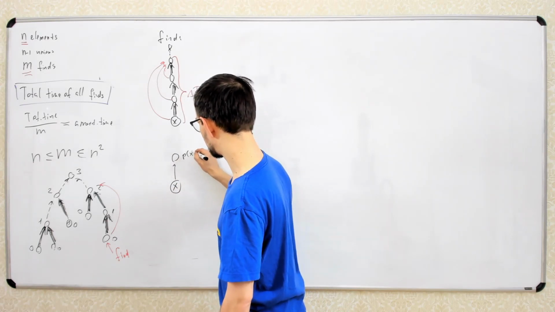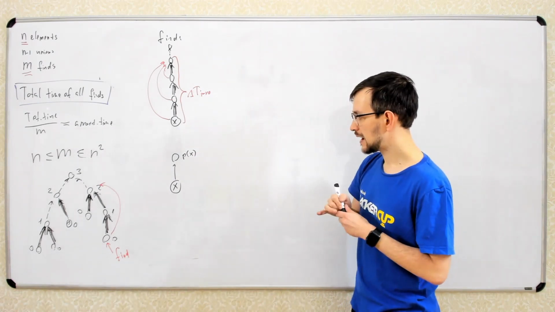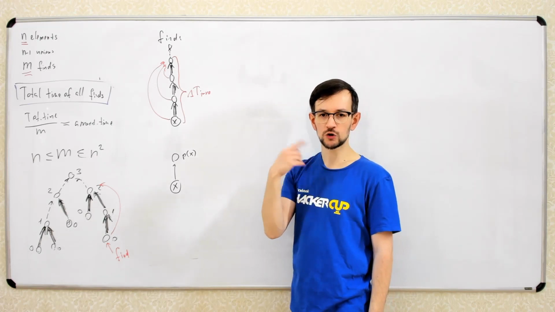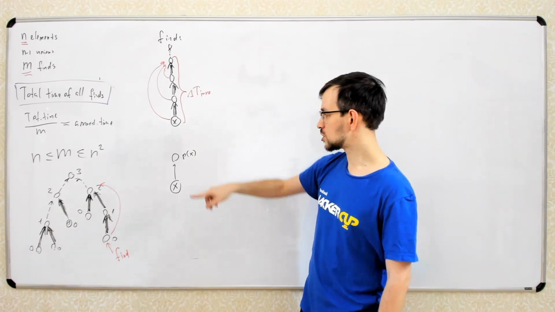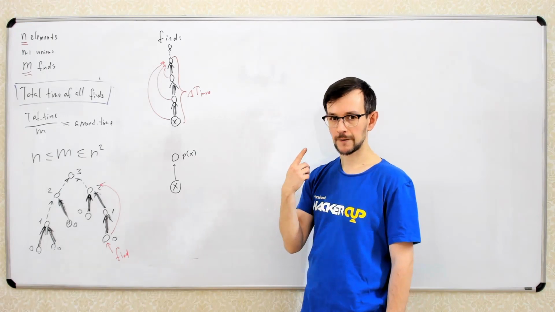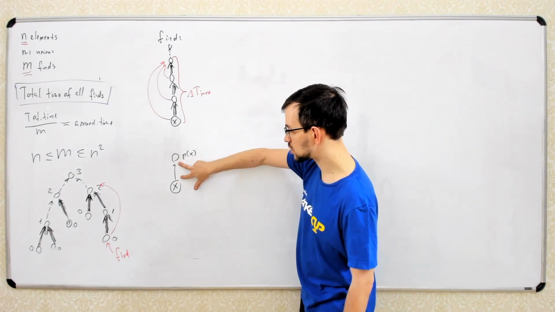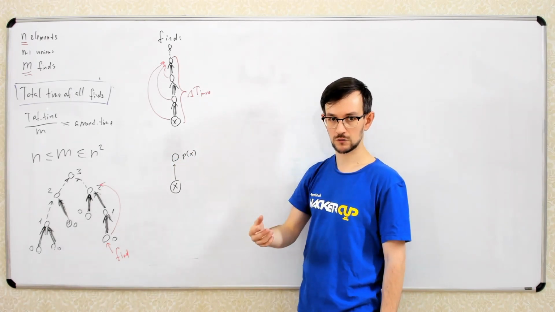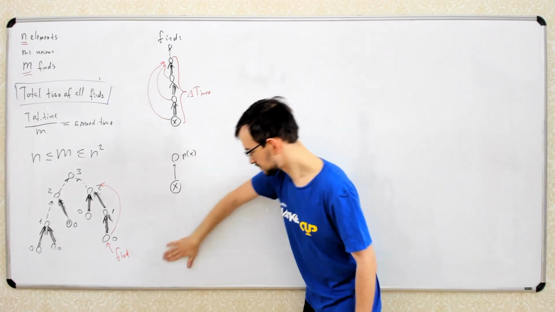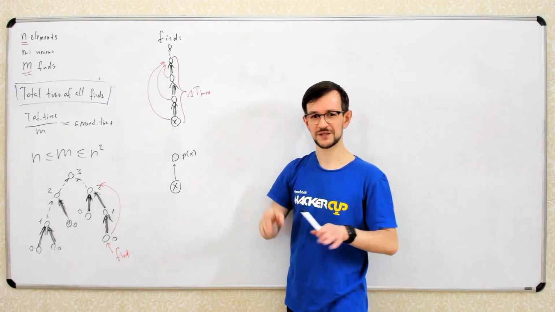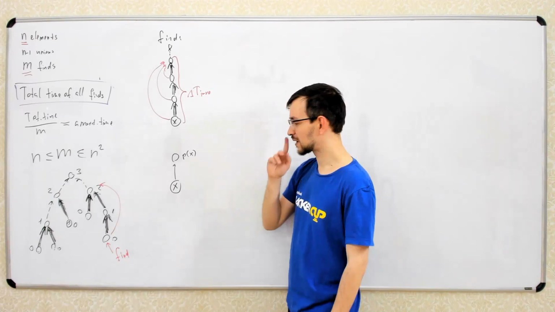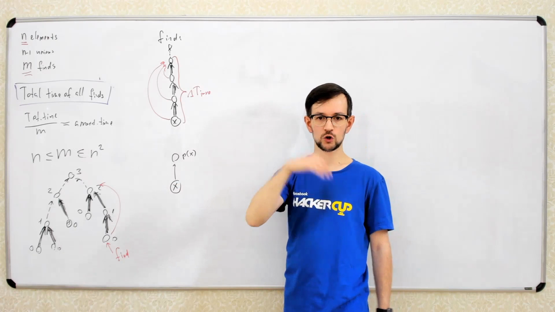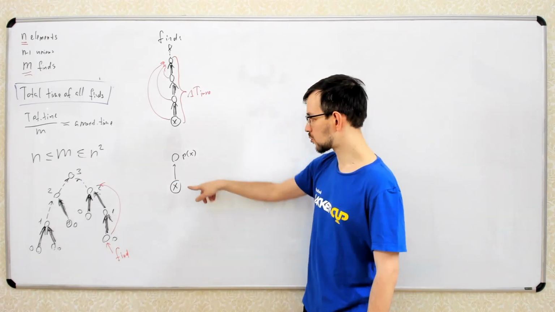This is the parent of x. For each edge, we will calculate the total number of times we travel through this edge. Actually, for each x. We'll take each vertex x and calculate the total number of paths which go through this vertex x.